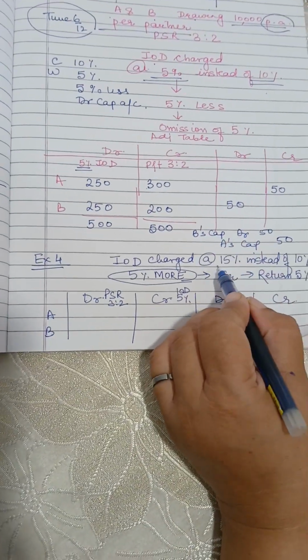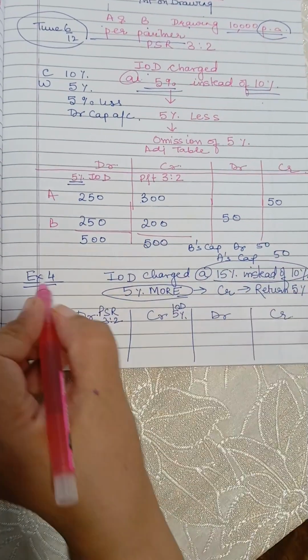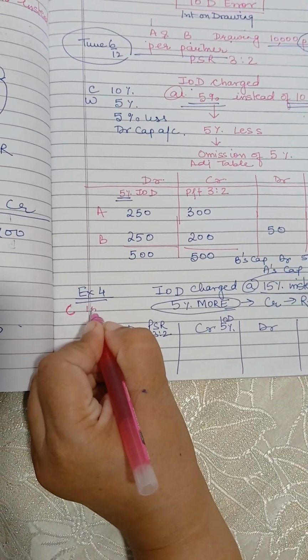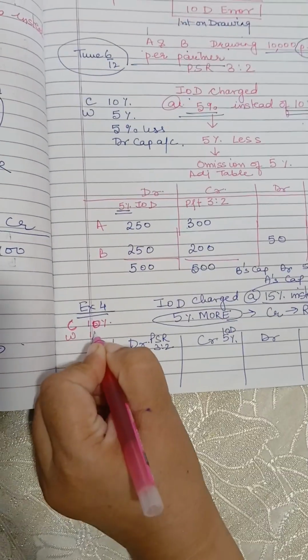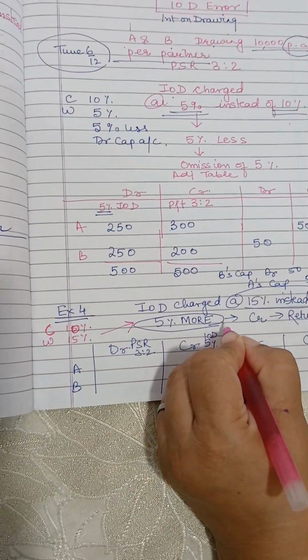Here it was charged at 15% instead of 10%. So the correct rate is 10%, whereas the wrong rate is 15%. So we have given 5% more.